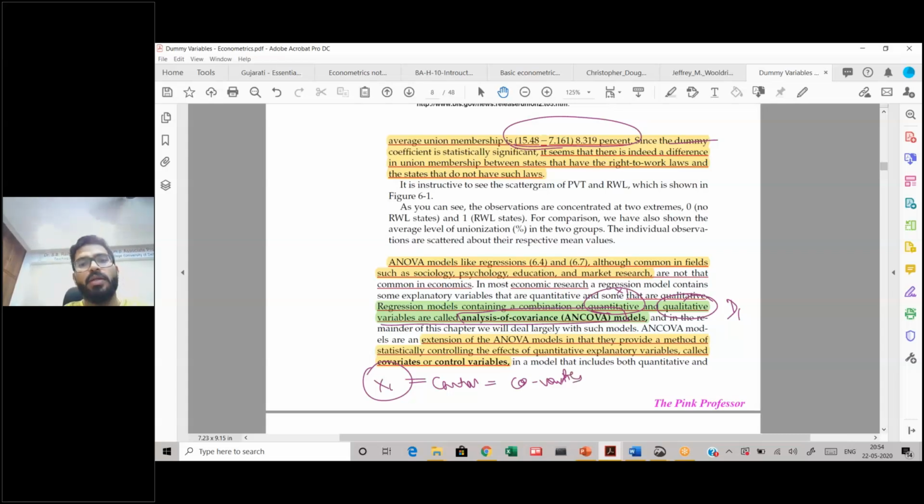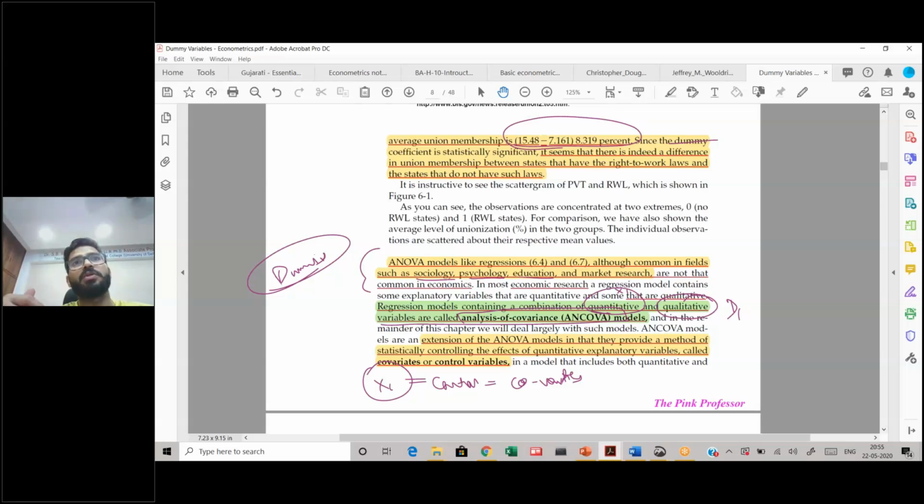Therefore, it's called an ANCOVA model. And if you have a regression only of dummy variables, which you will rarely find in economics, because a lot of your independent variables will be continuous variables, this modeling does not actually come in economics. It comes in sociology, psychology, education, market research, all these other fields where you have a lot of categorical variables.